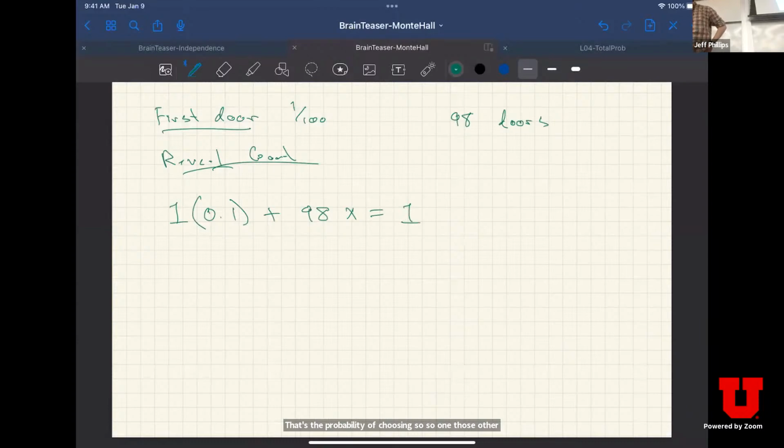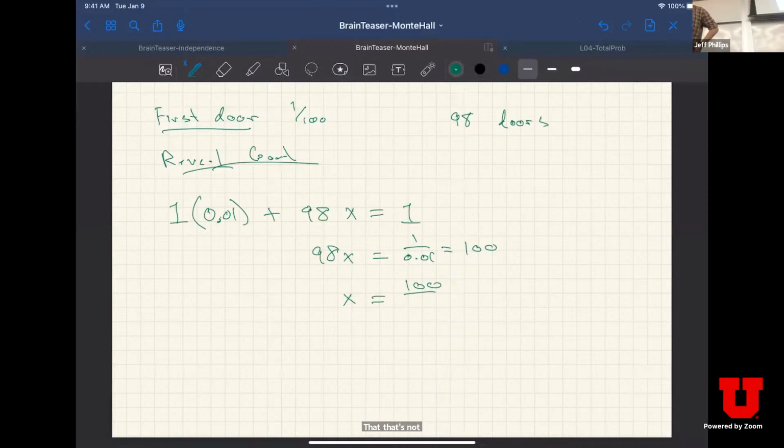Right, so if we solve for this, this should be 0.01 here, so 98x equals 1 divided by 0.01, which is equal to 100. And so the probability is going to be 100. That's not good, huh?